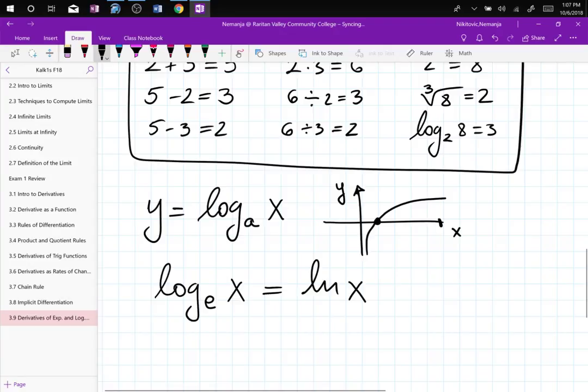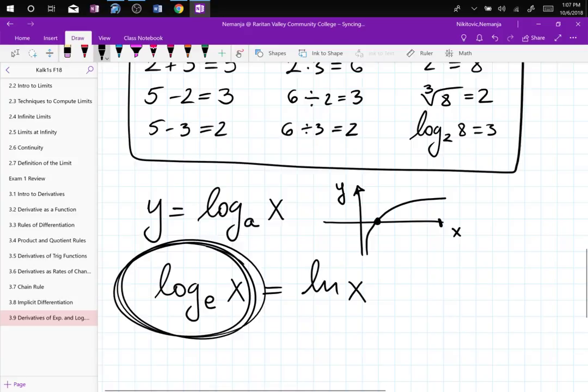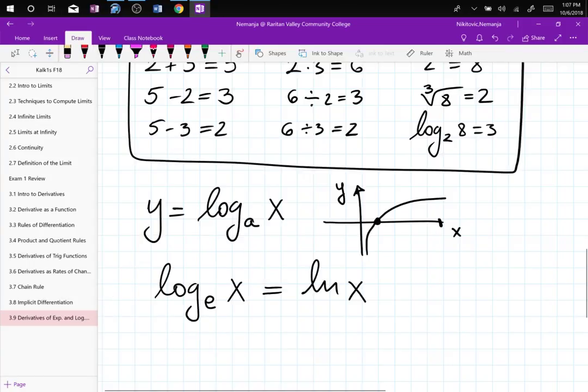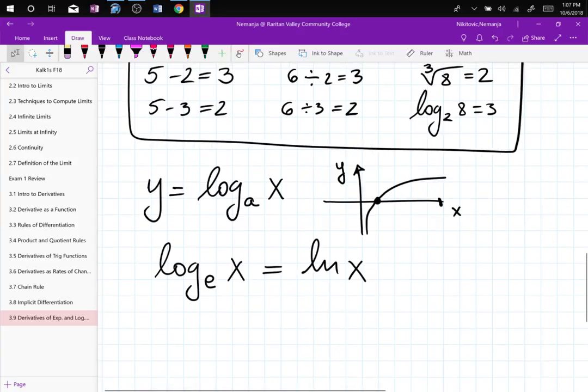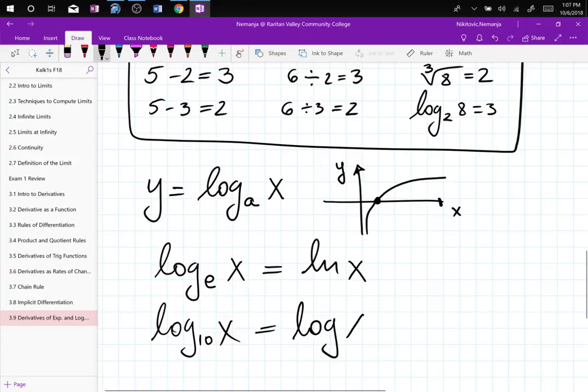ln x is a lazy notation for the full notation. It's 2 characters shorter, and it stands for logarithm natural, which is base e. e is the special number for exponents, so log e better be special for logs, and we denote that as ln x. So now you learn that ln x is not special, just like log base 10 of x, we just call log x.